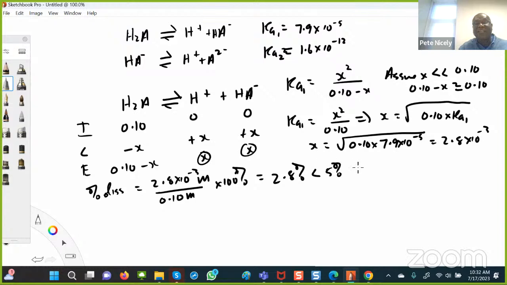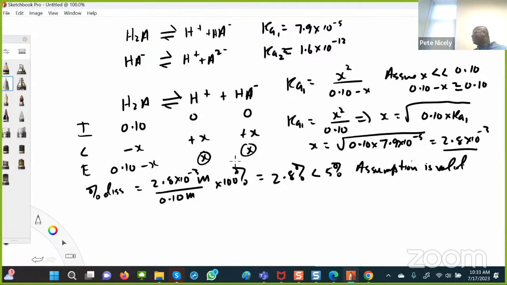So that means that assumption is valid. All right, so with that out of the way, we can use this value as representing the concentrations of not only H plus, but also the HA minus at equilibrium for the first dissociation.